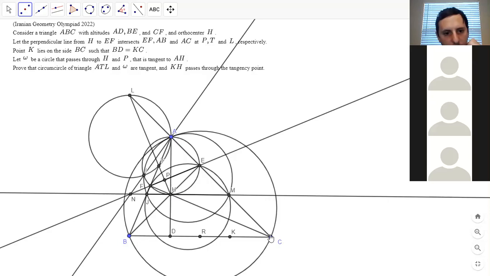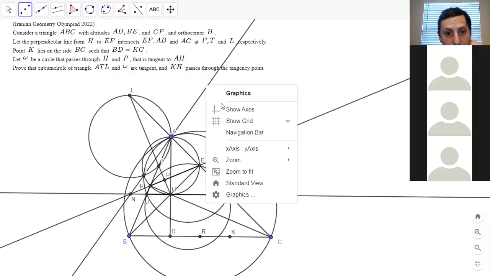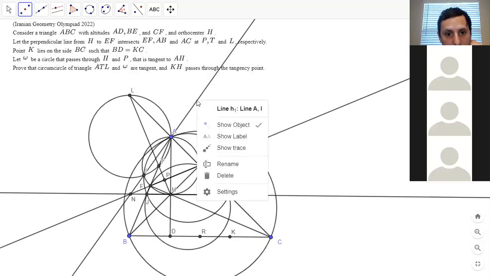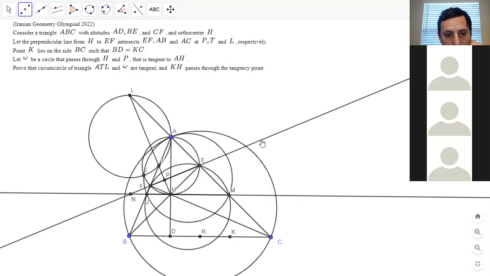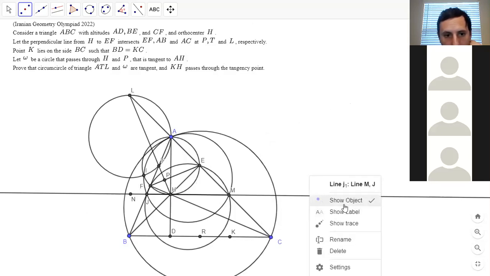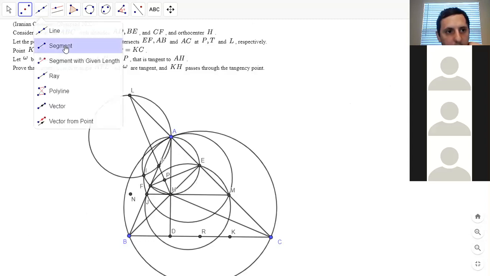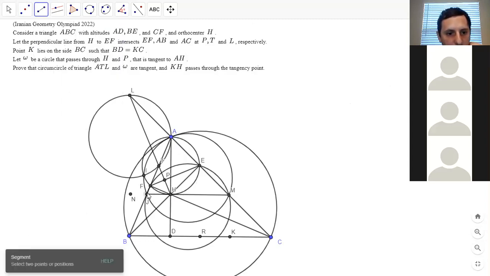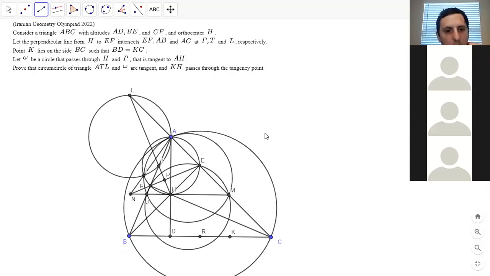Because we want to prove that K, H, and I are collinear, then at some point we should project through H. Yeah, I think that's a good idea. So we want to show the cross ratio BDKC.